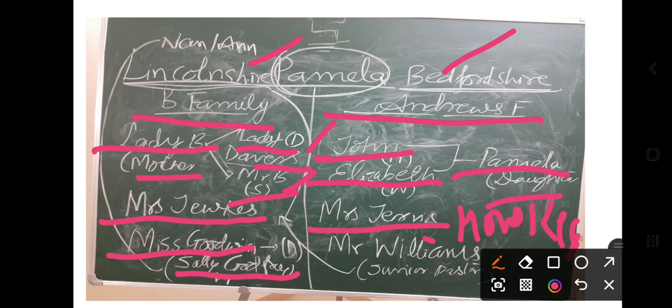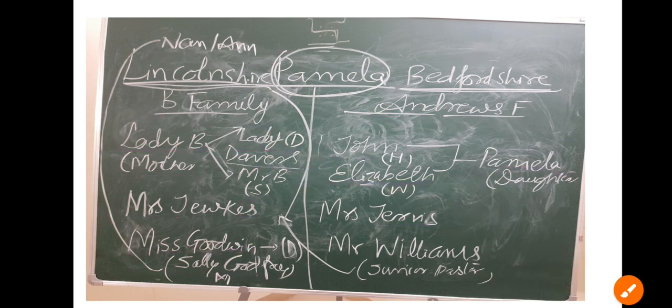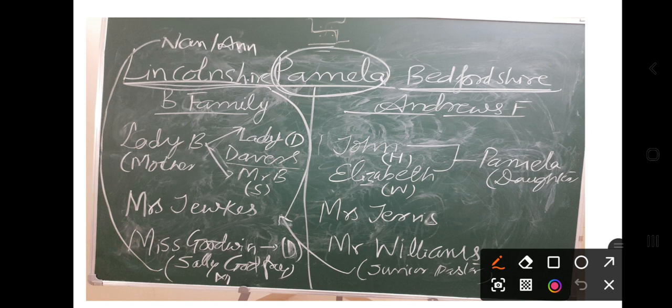So these are the characters we are going to meet, and one more character mentioned here is Nen, who knows from both the names. And the last one is Mr. Williams, junior pastor, right? These are the major characters.